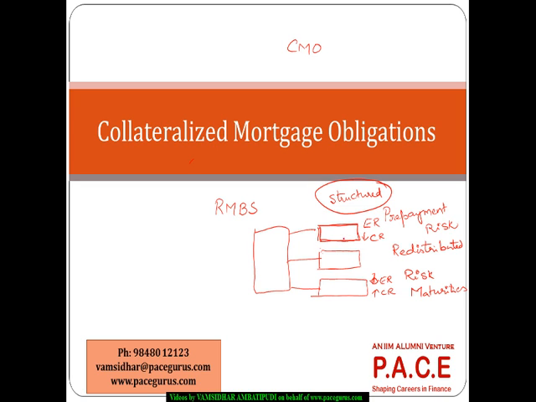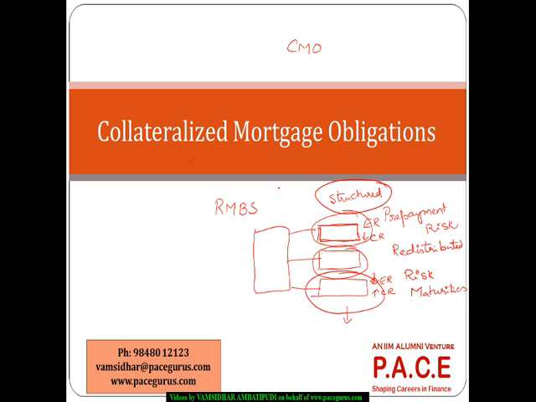So creating different kinds of packages and overall resulting in improving the accessibility towards the securitized mortgages, and also creating avenues where the investors can choose the product which can really fit their investment needs. So there are different risk levels, different exposures to extension risk, different exposures to contraction risk.